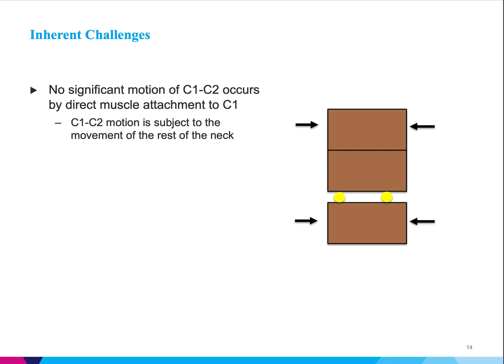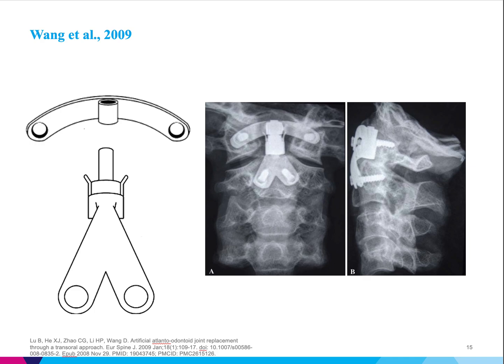So now let's look at some of the current concepts and designs that have been put forward. One of the earliest ones is from the group Wang and others in 2009. They put in this concept, which consists of two main parts.